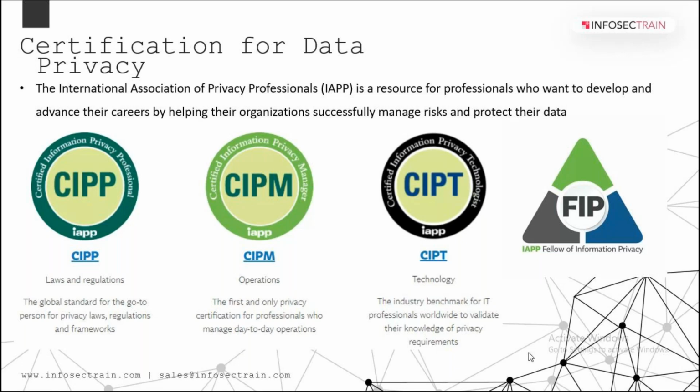And then CIPM is the next sequential step, because in CIPM we do not go into the basics of data privacy, but rather directly jump into how we handle a data privacy program, how you think like a privacy manager, and how you handle privacy and data protection on a day-to-day basis. So this is the main difference between CIPPE and CIPM.